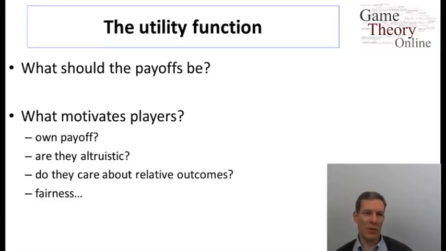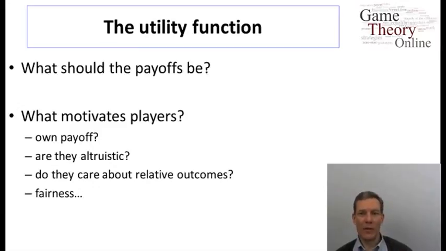If we're in a situation where there might be relationships between the players, friendships or families or other situations where one person cares about another, they might care about how the outcome affects the other person in evaluating what the payoff should be for a particular set of actions. Do they care about relative outcomes? Is it a situation where they want to be better than somebody else?